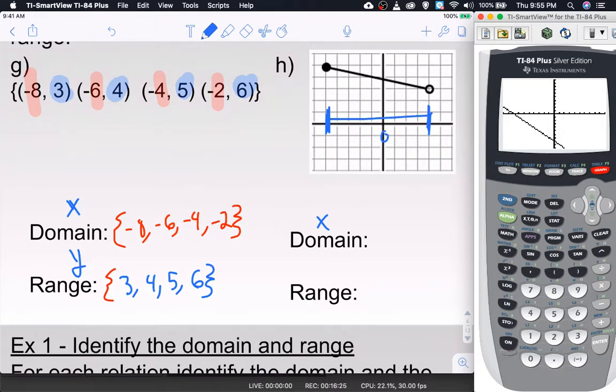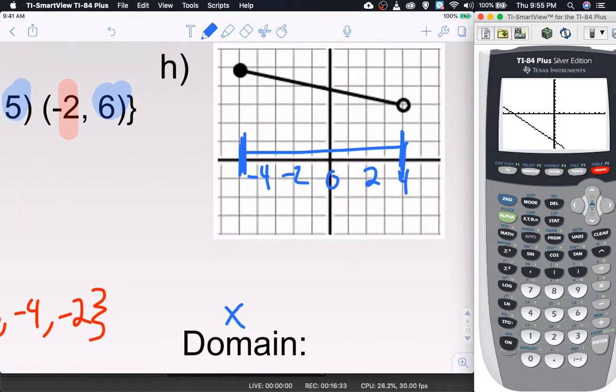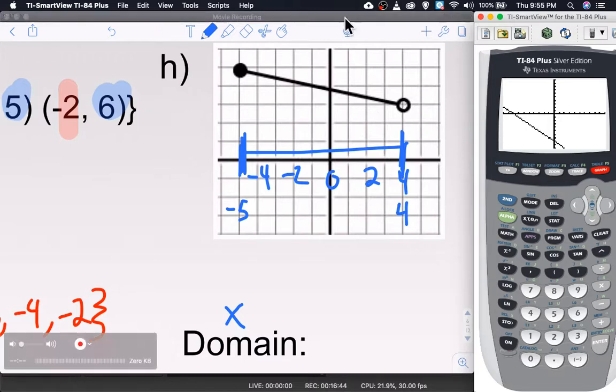Well, there's 0, 1, 2, 3, 4, -2, -4. So this function exists from -5 through roughly +4. But you've got to watch out a little bit, some inequality stuff, like here, a solid dot means it actually does go through -5.